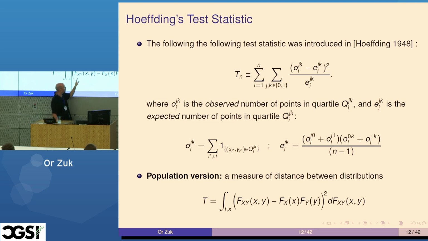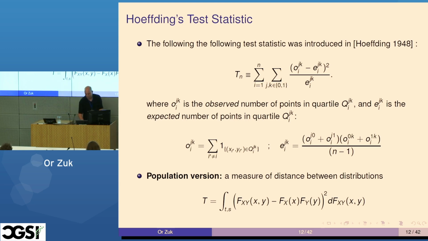If they're independent, then for any x, y, f_xy will be equal to f_x times f_y, and then the integral will be 0. And for any dependency, linear or nonlinear, doesn't matter, we have some region with positive probability such that this will be different from that. And then when you do the integral, this will be some positive constant.